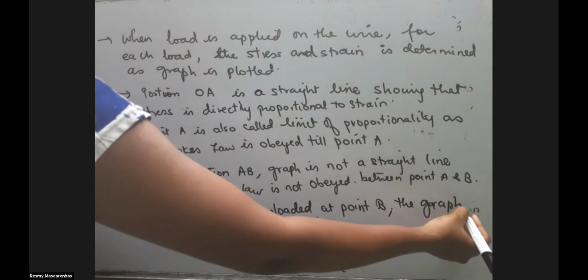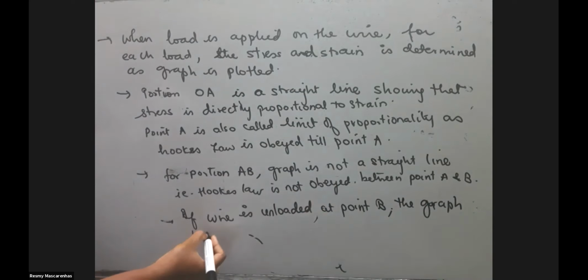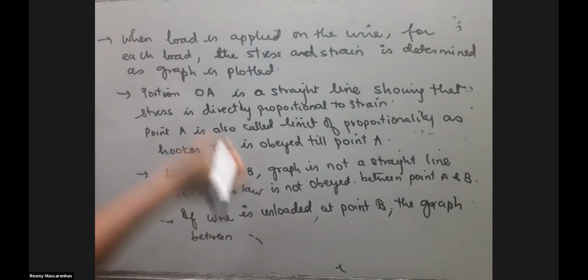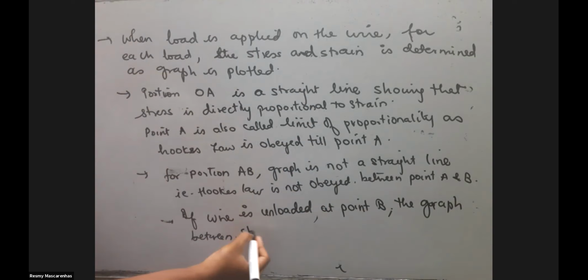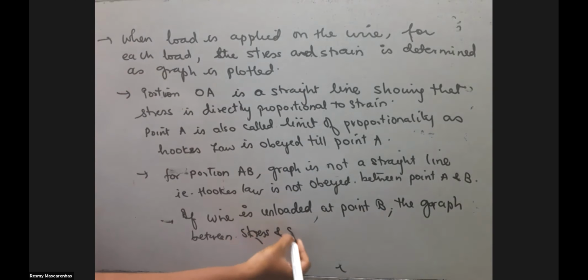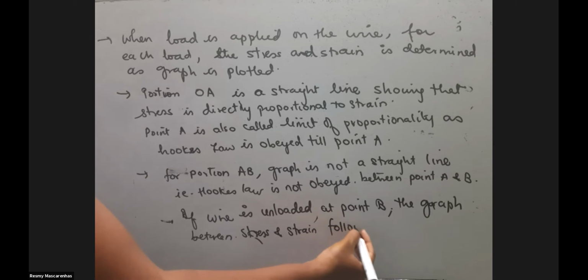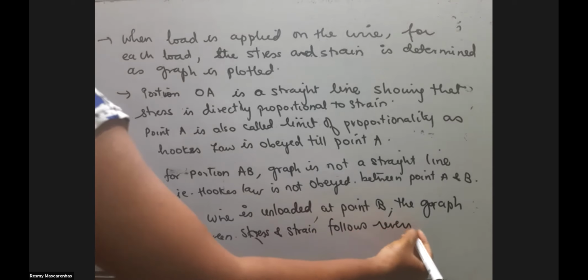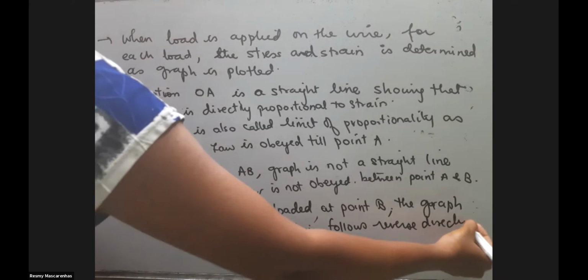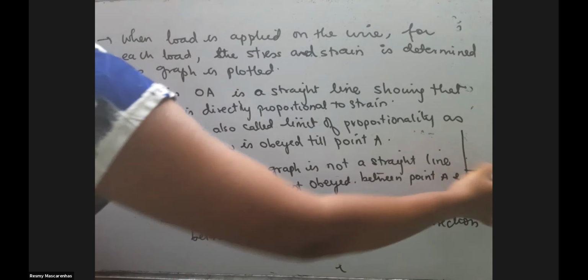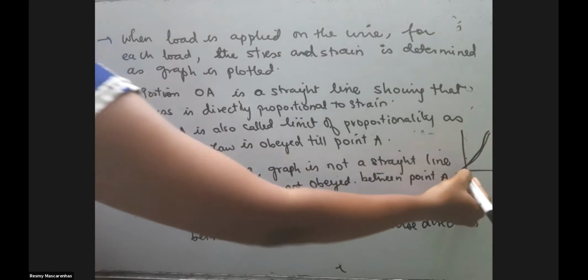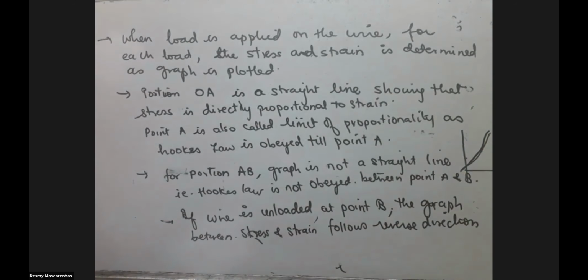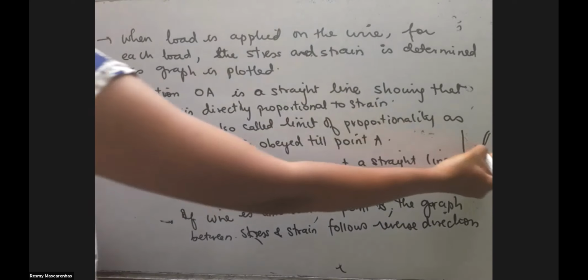If the wire is unloaded at point B, the graph between stress and strain follows the reverse direction. What happens? It was increasing, no? The same thing, you will come back to its original position in the reverse direction. First, if you were increasing, it was going like this.